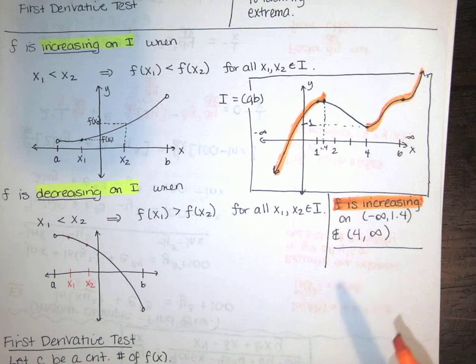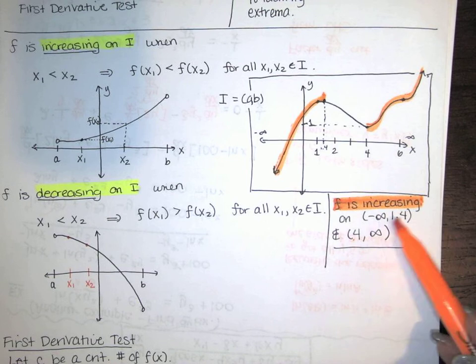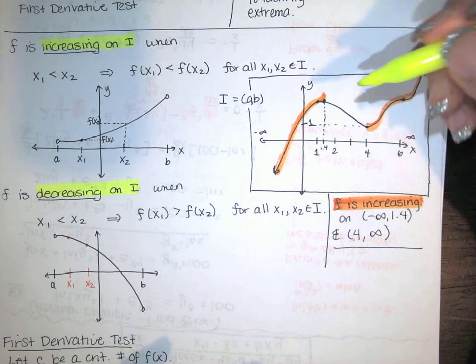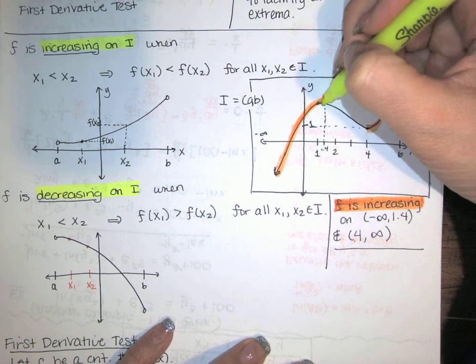Now, some software programs, instead of just saying this interval and this interval, might have a union there. They might say the union of this and this. It doesn't really matter to me. Either one is fine. As you're doing quizzes in this class, you'll have to figure out what WebAssign likes. There's going to be a certain preference in their notation. Okay, so f is increasing here and over here, and it's decreasing here.